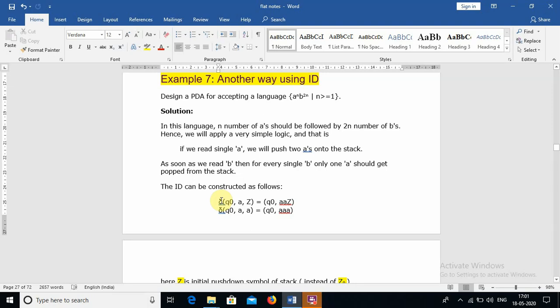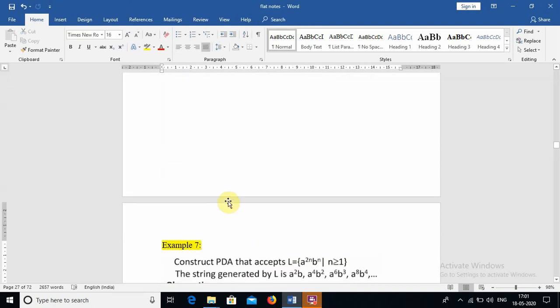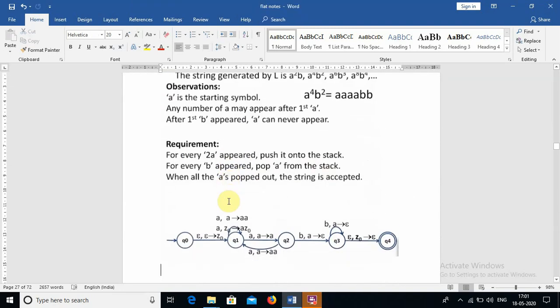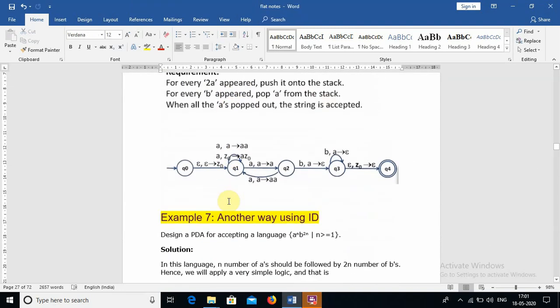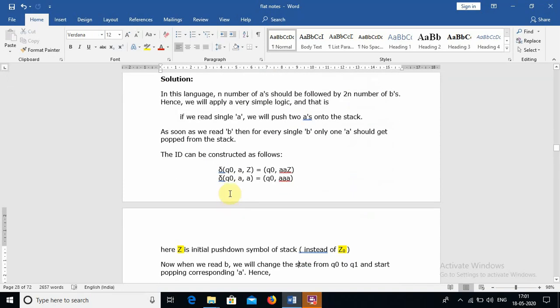We can go with q0, as we already discussed above. This is the example, but we interchange the a and b values, as in the earlier examples. So the IDs we have to construct. What is a string?